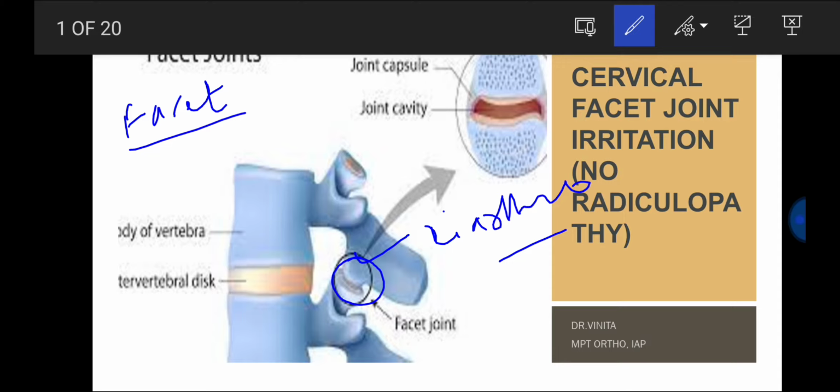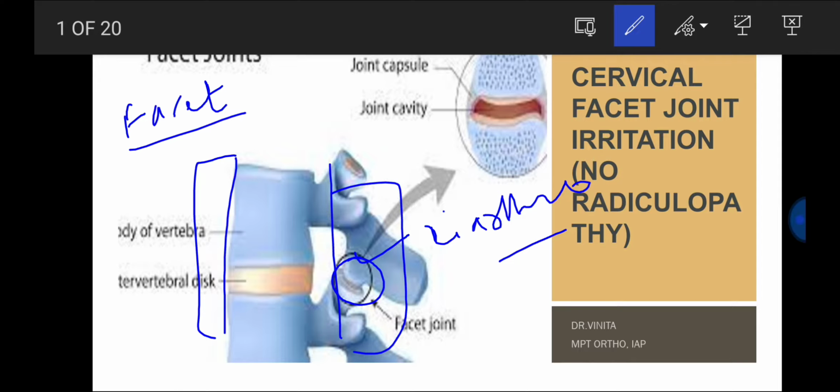You see that this is the anterior part, this is the posterior part, and they are located in the posterolateral part of the spine. These facet joints are typically diarthrodial joints with cartilage surfaces that provide low friction. So we have some idea about what the facet joints are, what they do, and their properties.